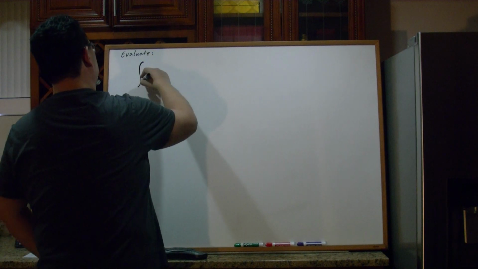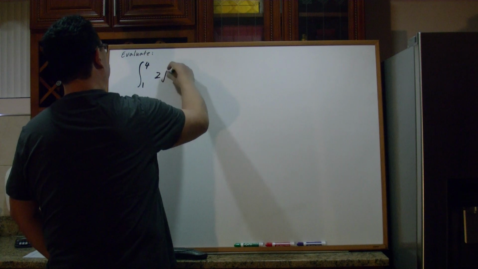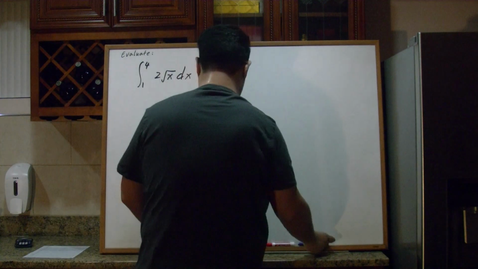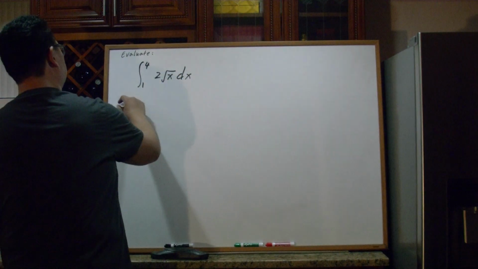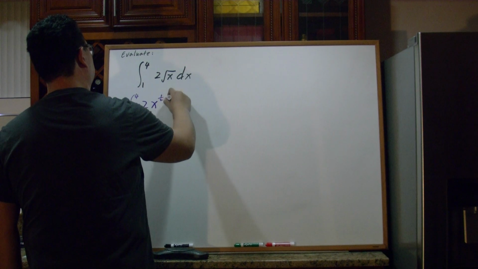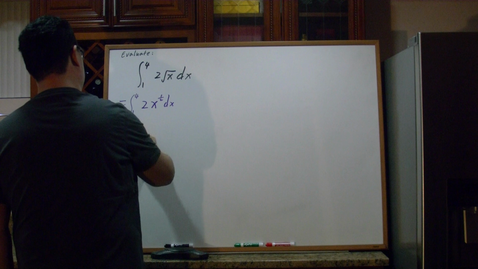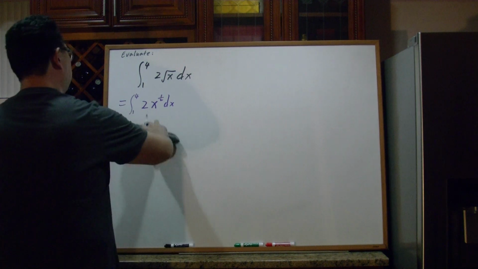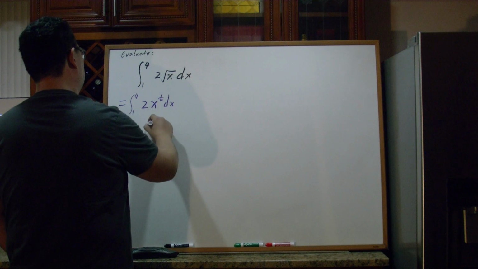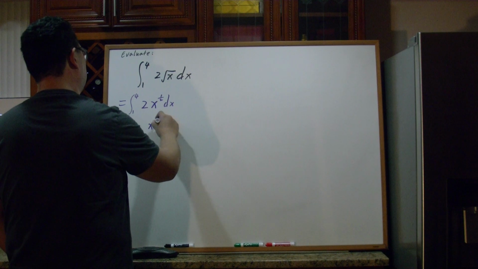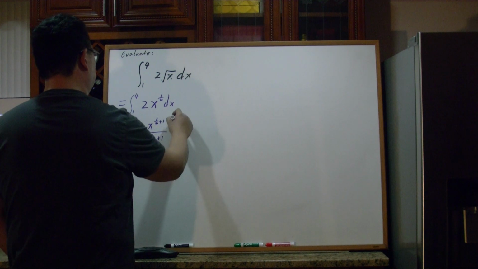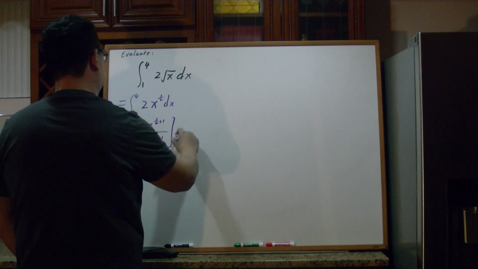Then the next one, the integral of 2 radical x, from 1 to 4, that's 2x to the half. We applied the integral rule already, so we don't have to do that 2 times. It is x to the 1/2 plus 1 over 1/2 plus 1, evaluated from 1 to 4.